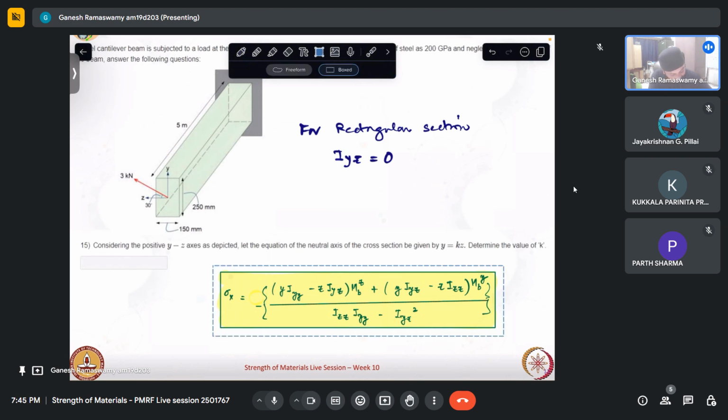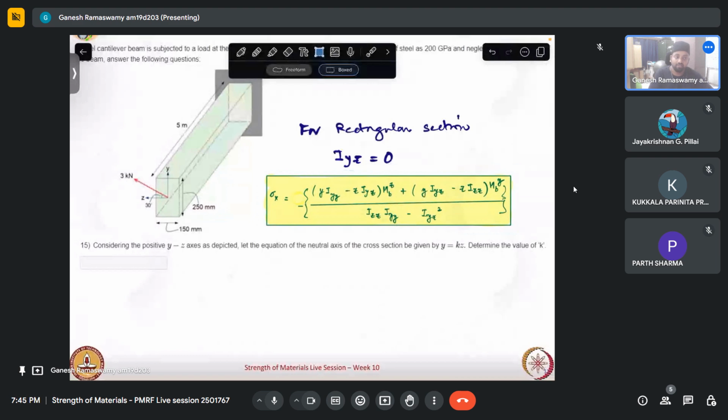However, if this was an asymmetric section, then IYZ will definitely exist. I suppose in the assignments also the question that has been asked is an angle where IYZ will exist, which is why this bigger expression is what one needs to use. So I just wanted to brief about how that has come. And anyway, when I'll be posting the sheet, I will post it along with the complete derivation for that.